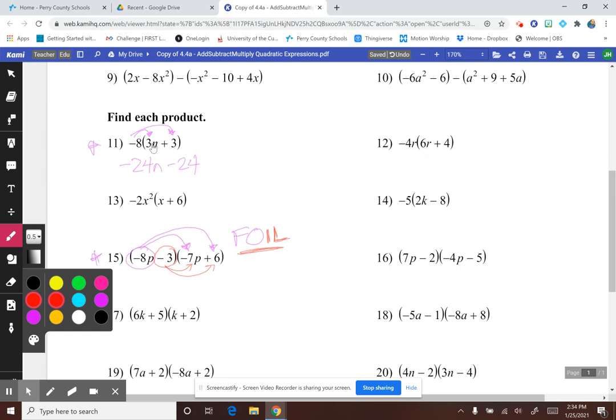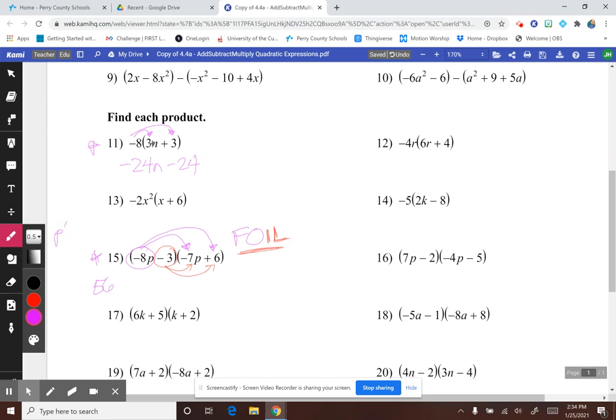Okay. So let's start with what we had here, negative 8p times negative 7p. Well, let's figure out the signs first. Signs usually get us more than anything else. So negative 8 times negative 7 is going to be a positive 56. Now let's think about what happens here. We've got p times p. So think about it.